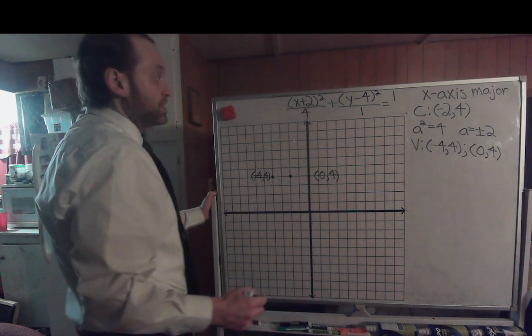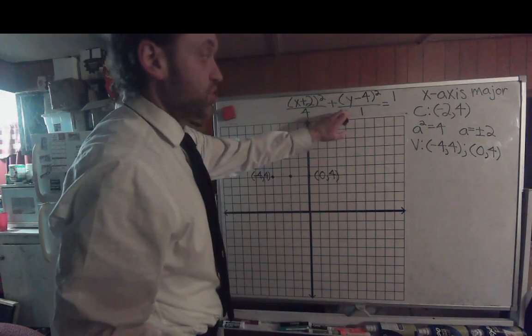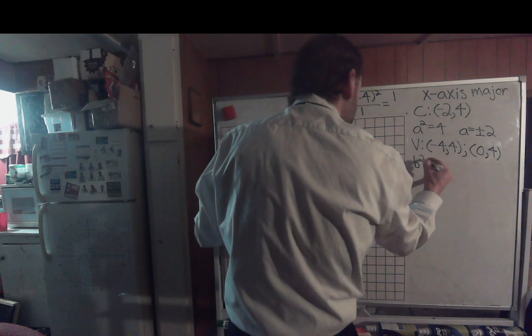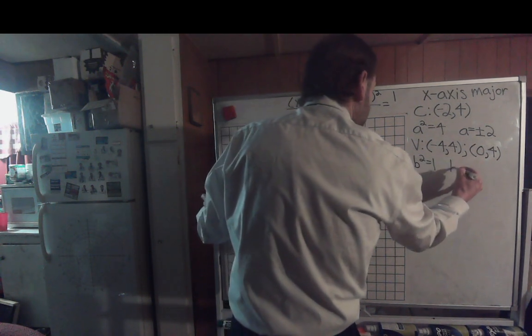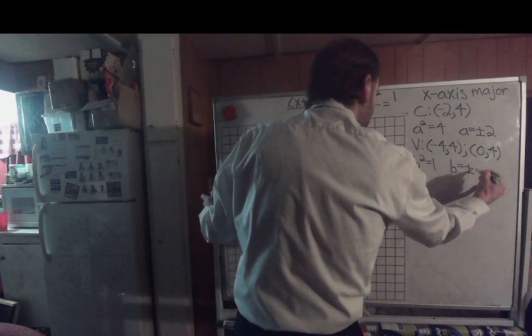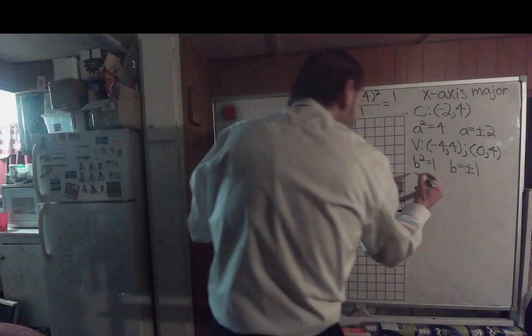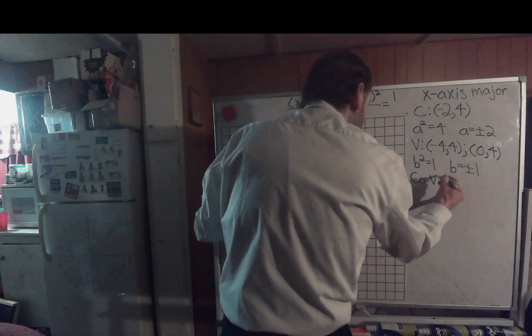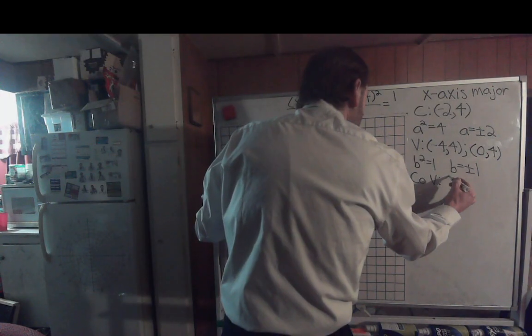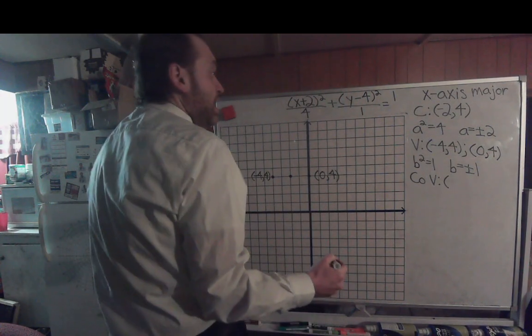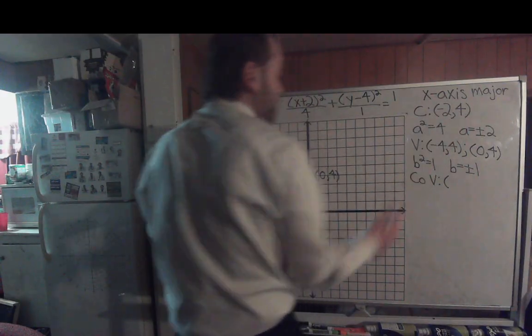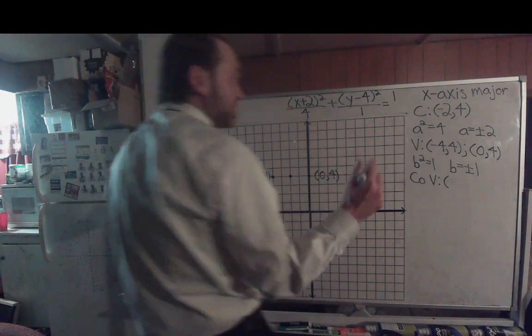And then let's deal with the minor axis, which is the y-axis. So b squared equals 1, which means b equals both plus and minus 1. So to find my co-vertices, I'll take the y-coordinate of my center, and first let's subtract 1.